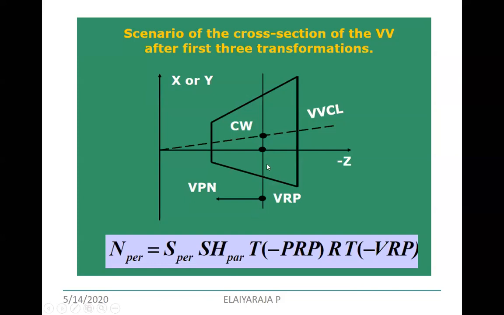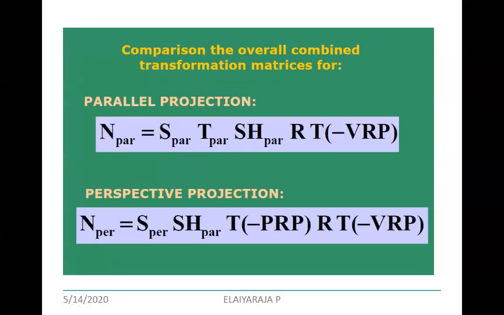With respect to your viewing reference point, you are bringing the view plane to normalized screen coordinates. And here you can see the comparison between parallel projection and perspective projection.